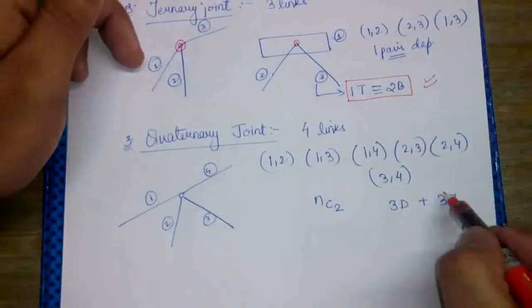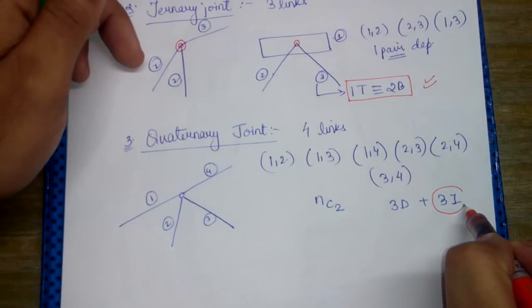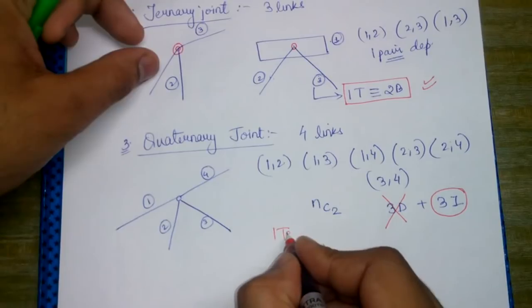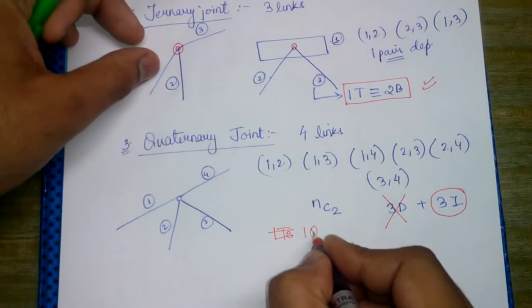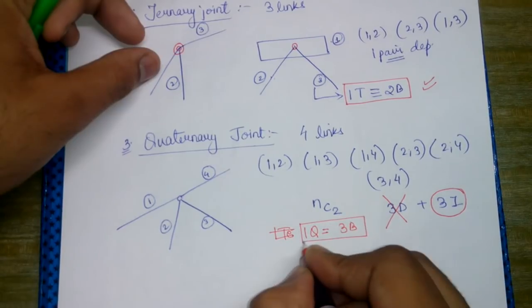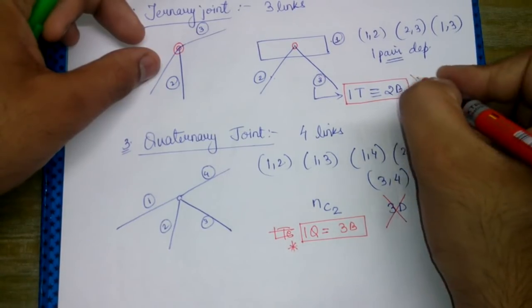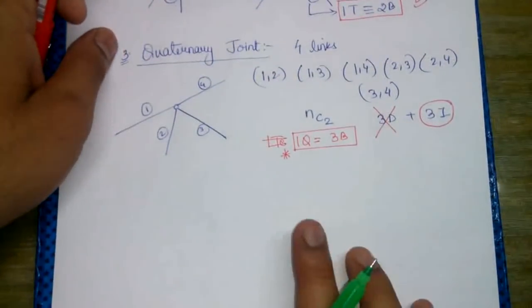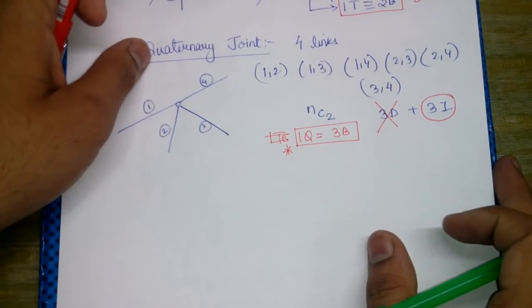Only the independent joints are considered and the dependent ones are not. Hence one quaternary is equal to 3 binary joints. This is also an important point which needs to be remembered: one ternary equals 2 binary and one quaternary equals 3 binary joints.